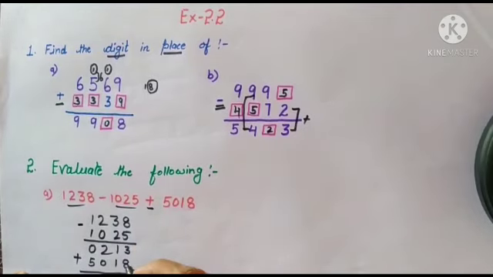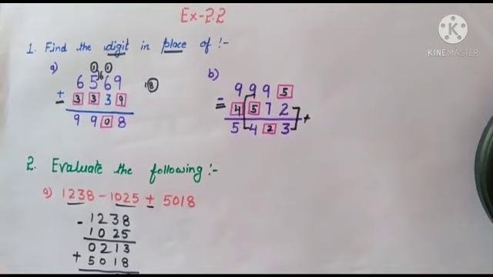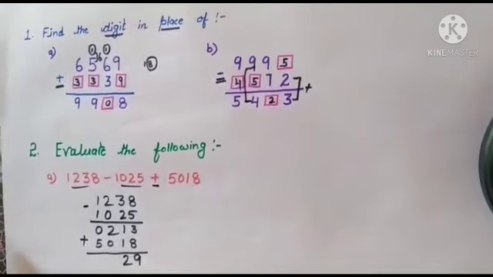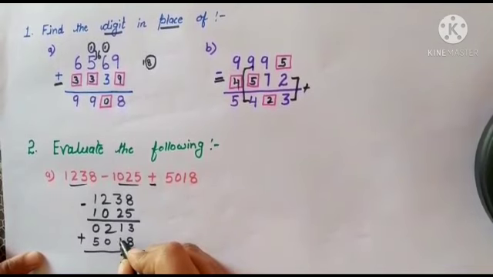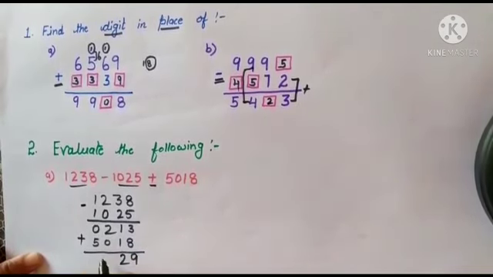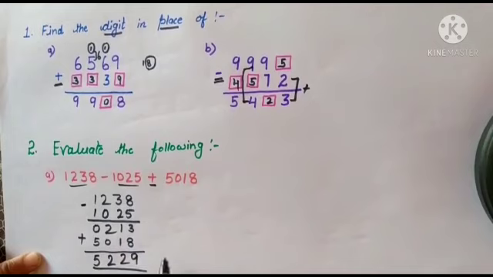So we will add it. 8 plus 3, 9. 1 plus 1, 2. 2 plus 0, 2. 5 plus 0, 5. So our answer will be 5229.